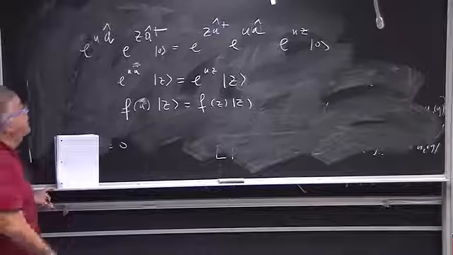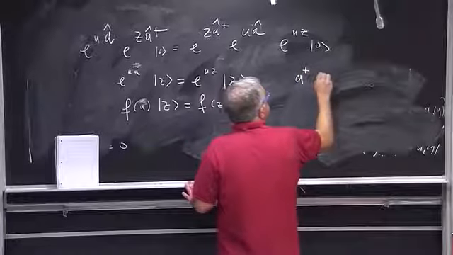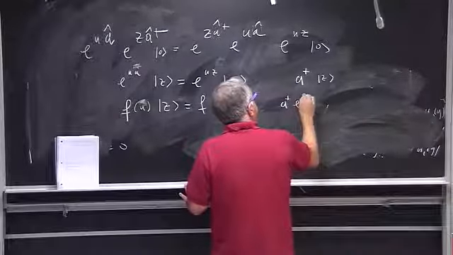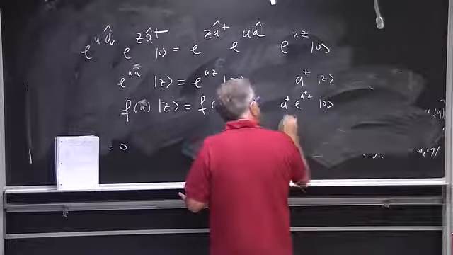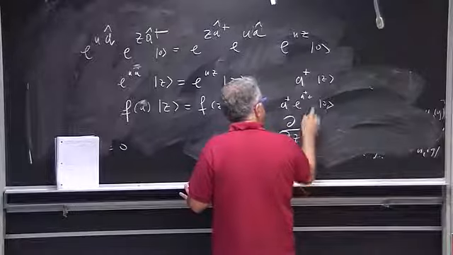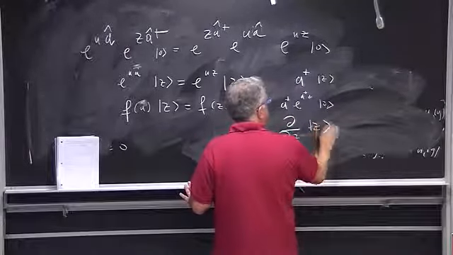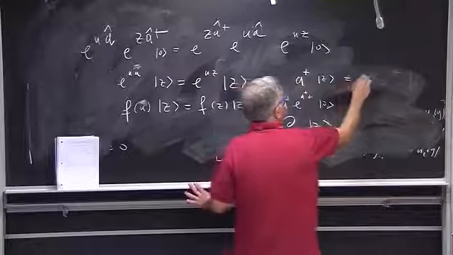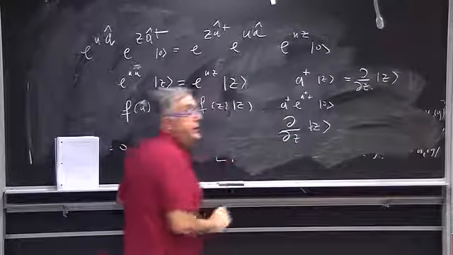On the other hand, A dagger |z>, this is easier. This is A dagger e^{zA dagger} applied to the vacuum. This is d/dz: you differentiate with respect to z. So A dagger acting on |z> is the derivative.